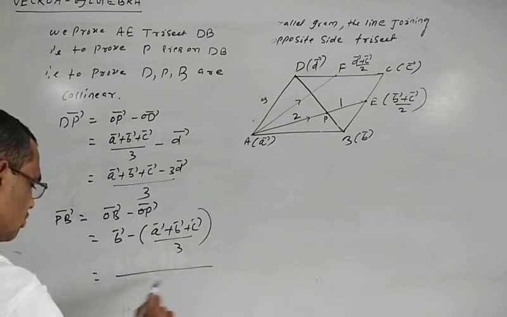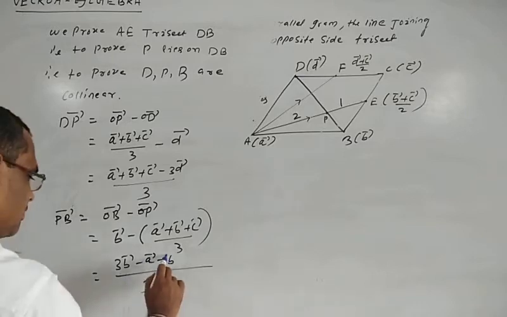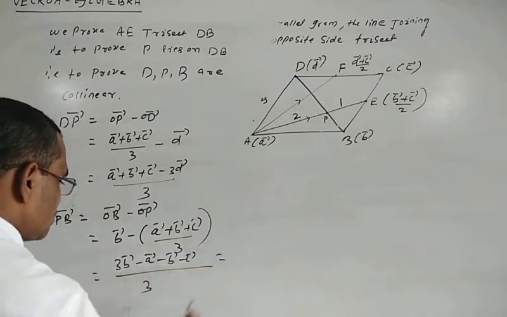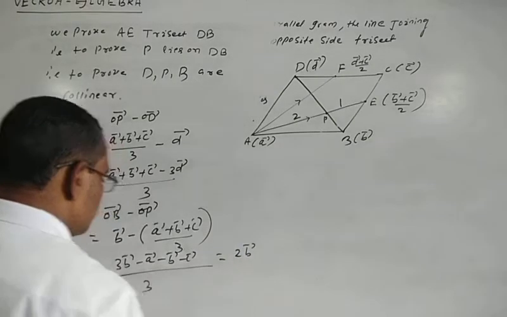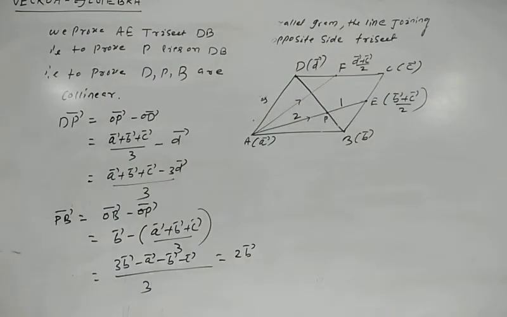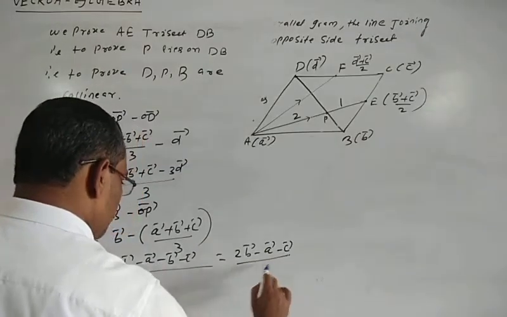Taking LCM 3, this is 3B vector minus A vector minus B vector minus C vector, which equals 2B vector minus A vector minus C vector, by 3.